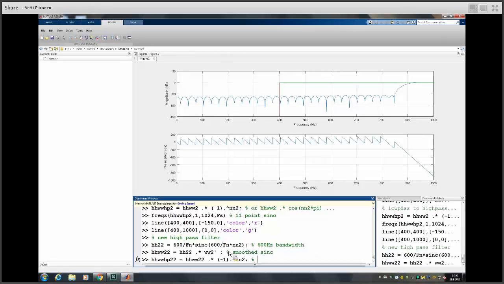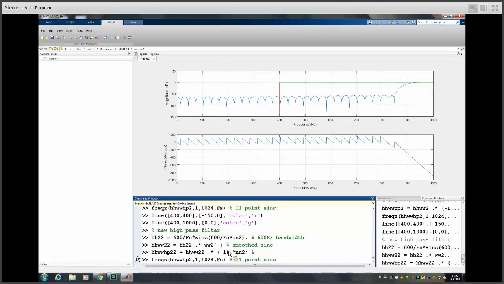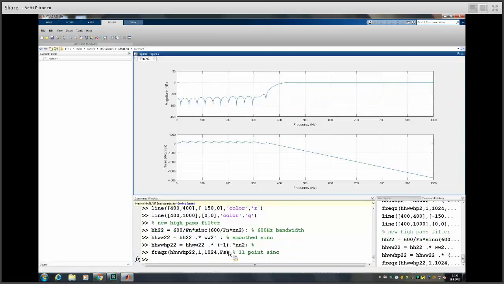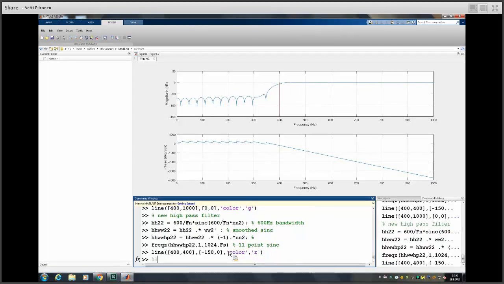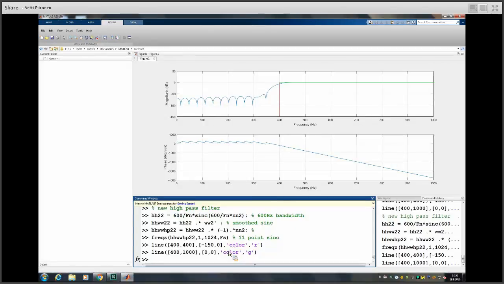Okay. And this one would be something like that. So now we have the required bandwidth there. Okay.